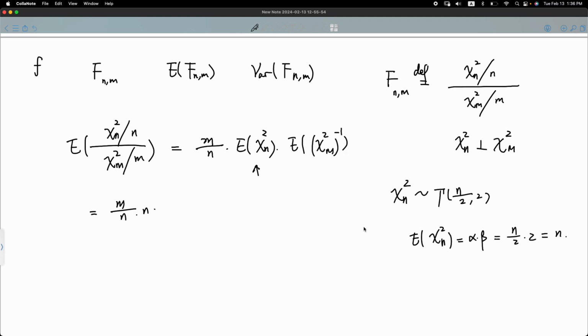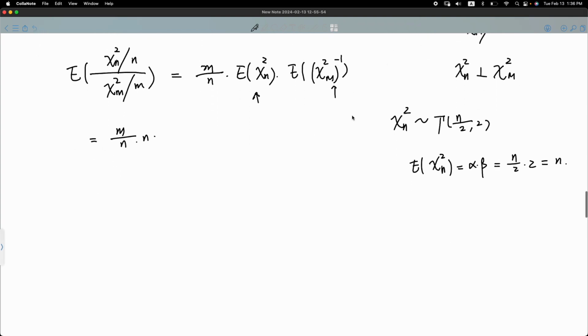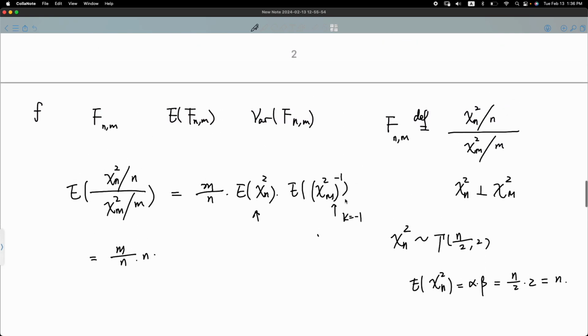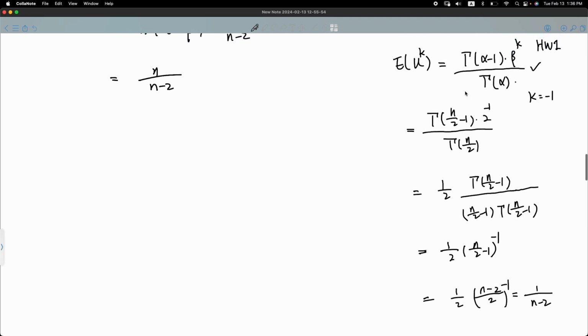And then for the second expectation, we just need to use the formula again because we have a power of k equal to -1. So let's copy it down. I think this is exactly the same, it's just that n is m here.